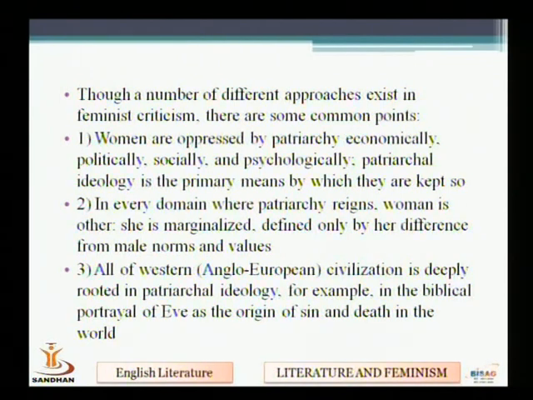Patriarchal ideology is the primary means by which they are kept so. Patriarchal ideology, or the patriarchal way of thinking and believing and looking at the world, relegates women to secondary status. They are not considered human, they are considered subhuman.